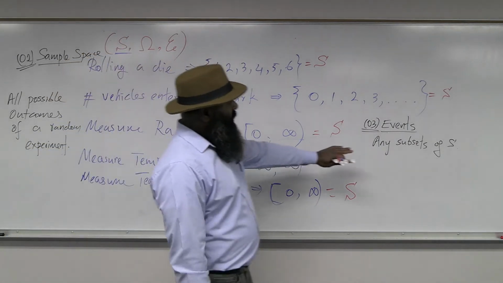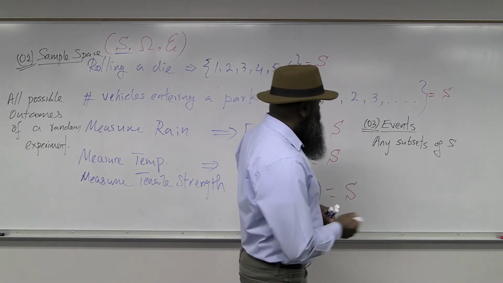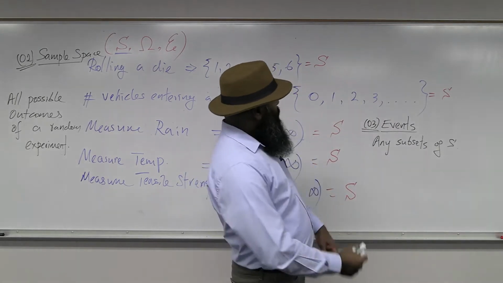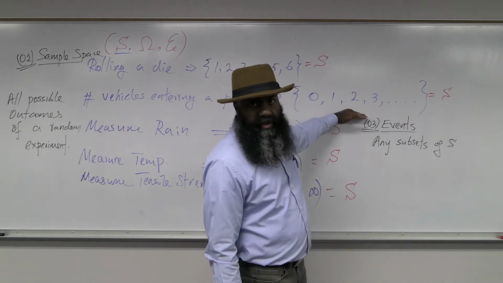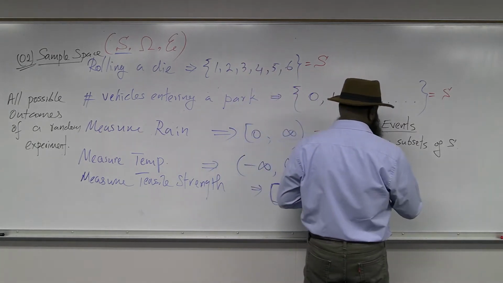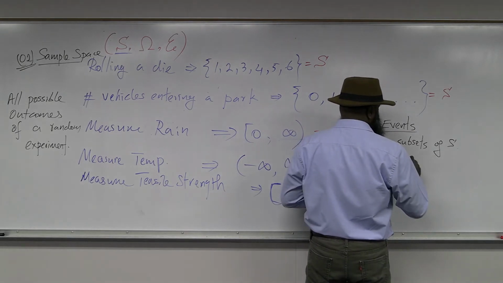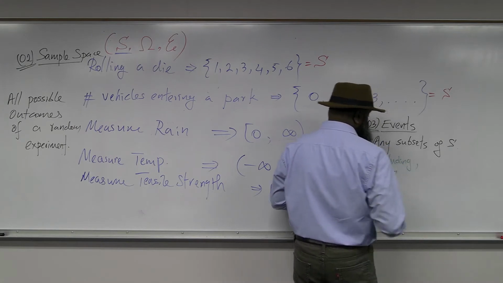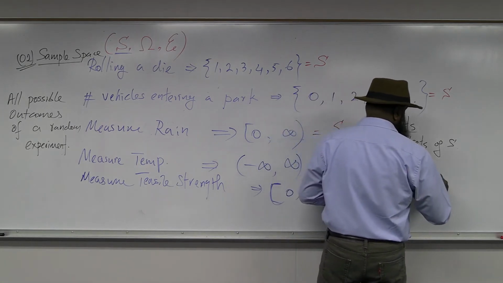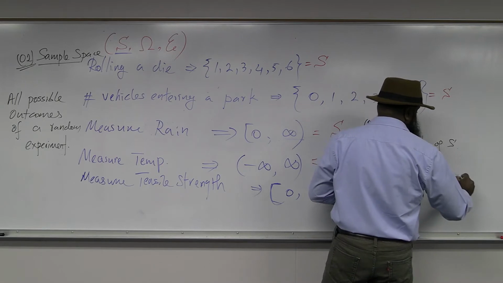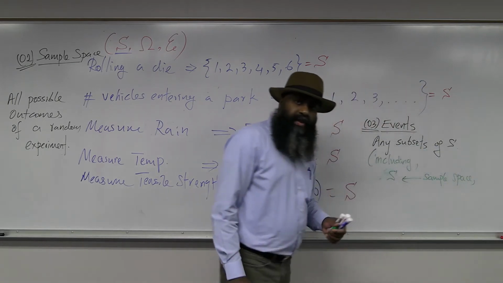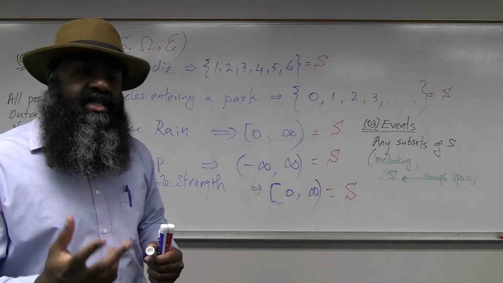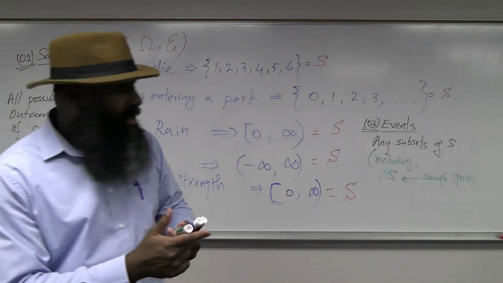When I say subsets of S, this also includes two special subsets. One is the sample space itself. So I would say including S, which is a sample space, and also the null set or the empty set, which is the set which does not have any elements.